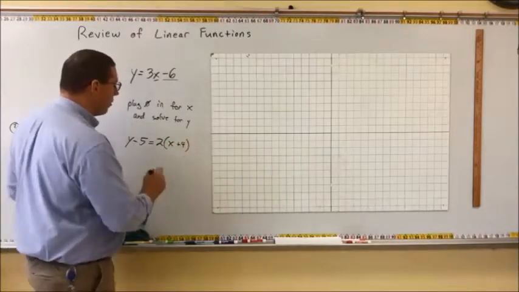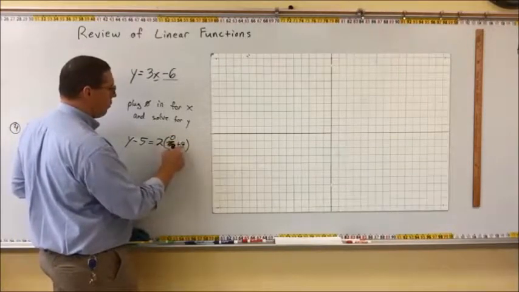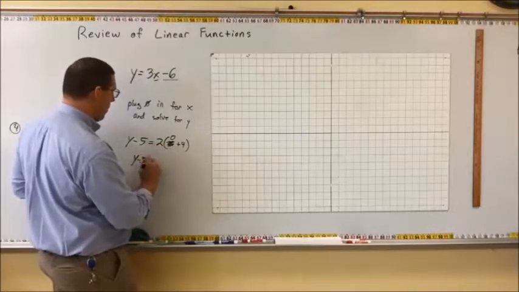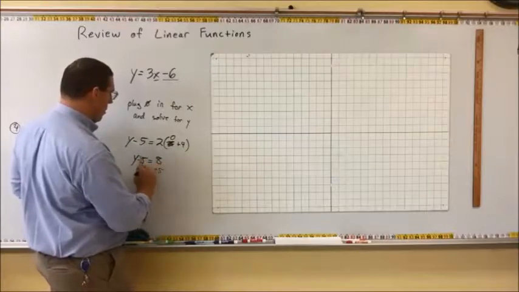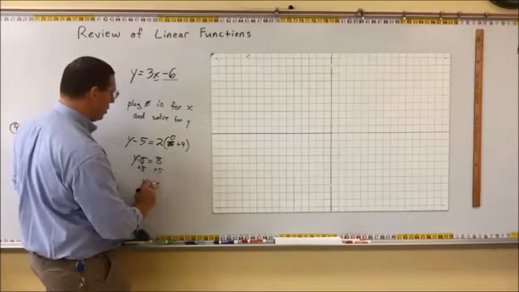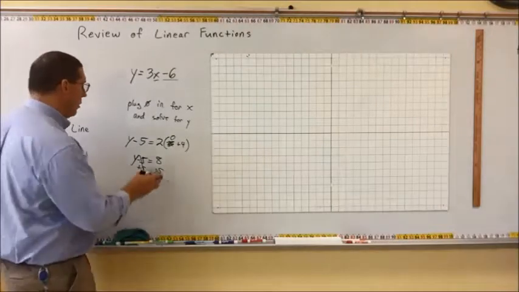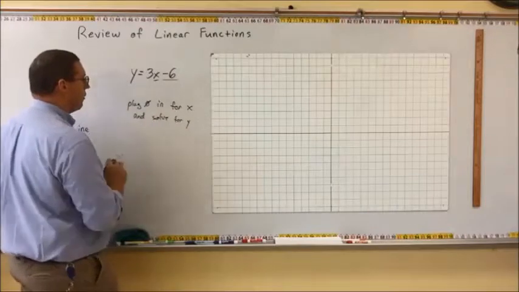Well, just put a 0 in for x. 0 plus 4 is 4. 4 times 2 is 8. So we have y minus 5 is equal to 8. Add 5 to both sides, and we get y equals 13. So the y-intercept now is 13. Okay? So all you're doing is plugging 0 in for x and solving for y.